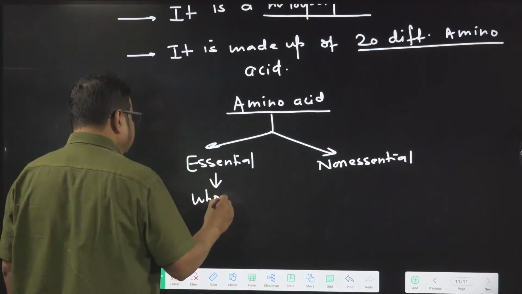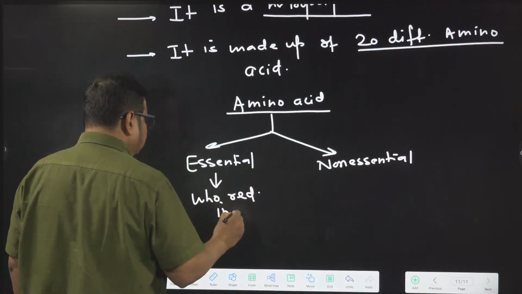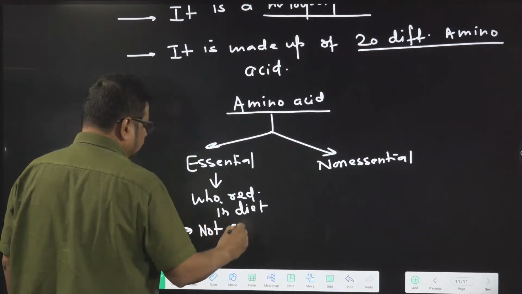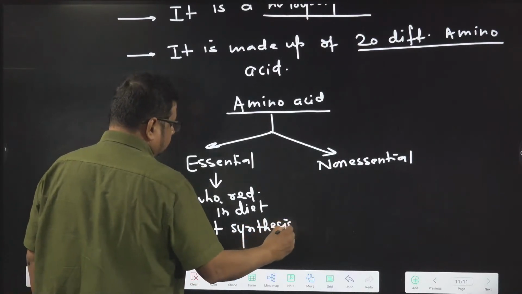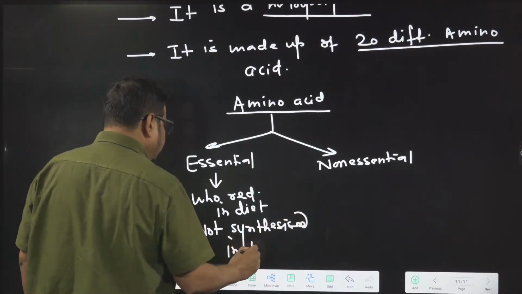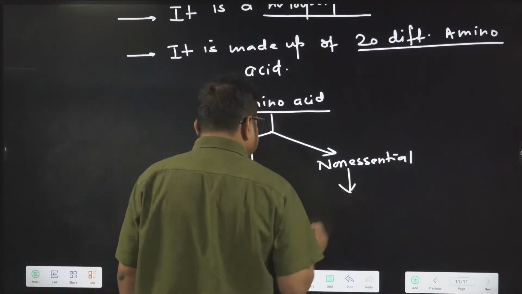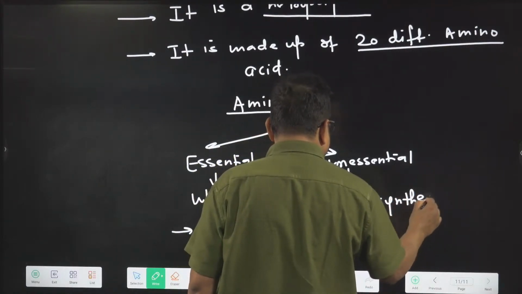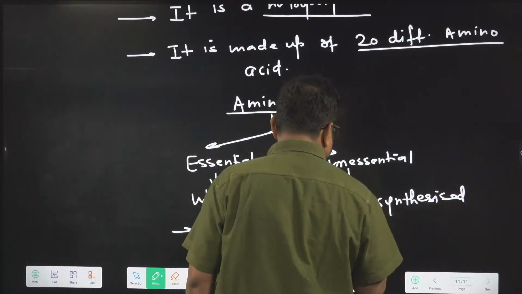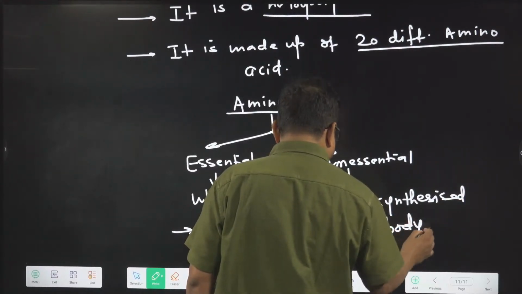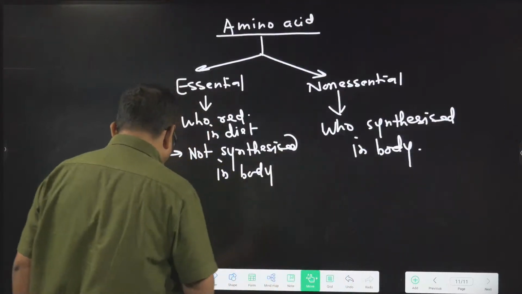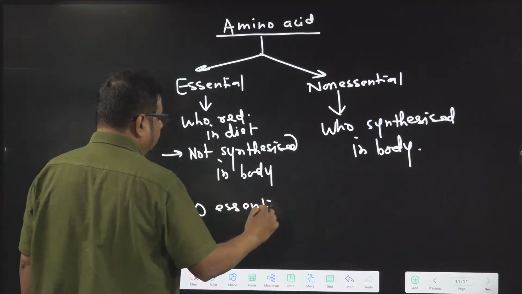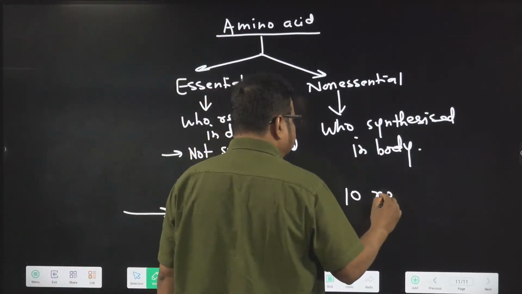Who is required in the diet, means not synthesized in the body, is called essential amino acid. And the non-essential amino acid is synthesized in the body. So out of 20 amino acids, 10 are essential and 10 are non-essential.